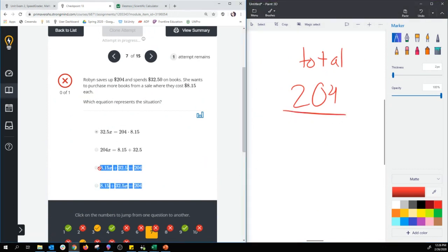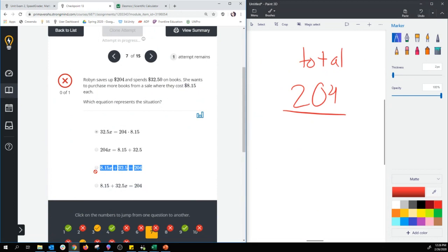So I'm looking at these two down here. Now, notice how this one has 8.15 with X, and this bottom one has 3.25 with an X. The variable that gets your X attached to it is the one where you are buying multiple of that item. So she spent $32.50 on books, and we want to know how many more books she can buy that are all $8.15. So she's buying multiple books that are $8.15.